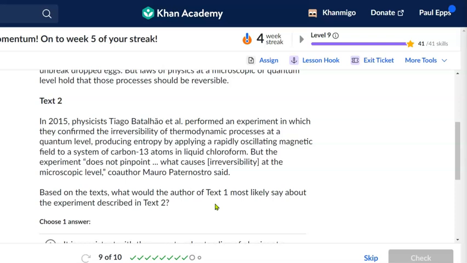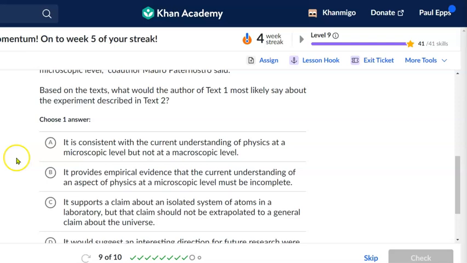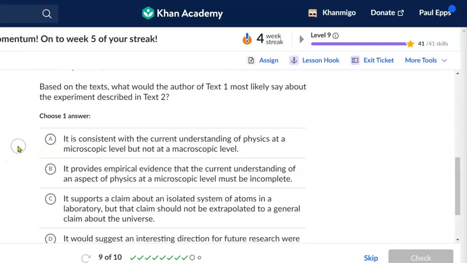But the experiment, quote, does not pinpoint what causes irreversibility at the microscopic level, co-author Mauro Paternostro said. Based on the texts, what would the author of Text 1 most likely say about the experiment described in Text 2? Answer A, it is consistent with the current understanding of physics at a microscopic but not a macroscopic level.